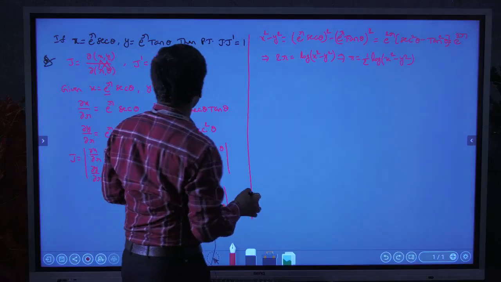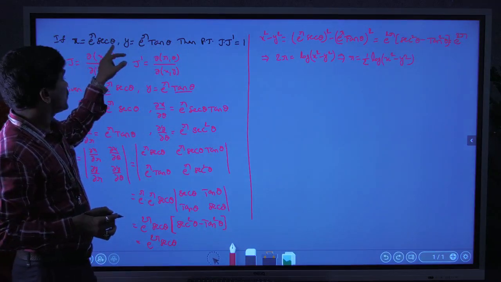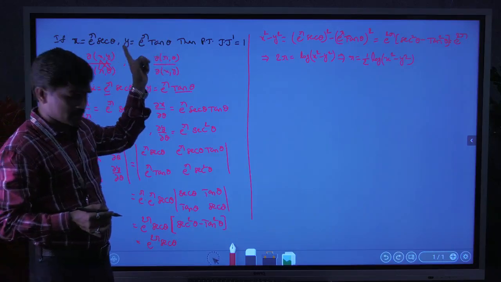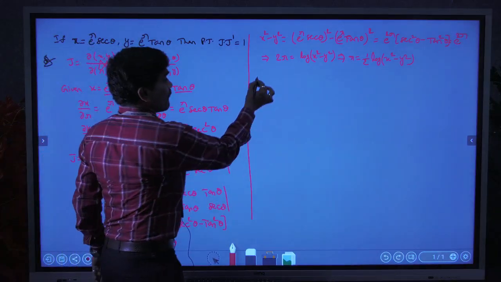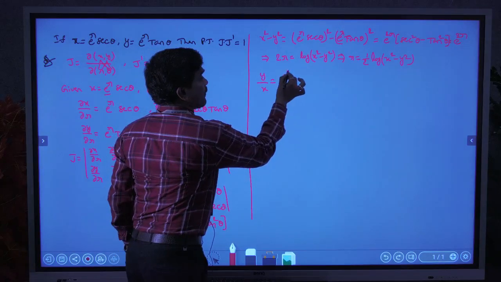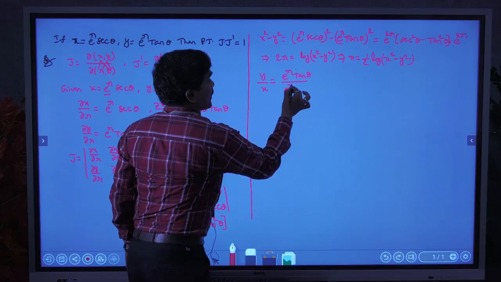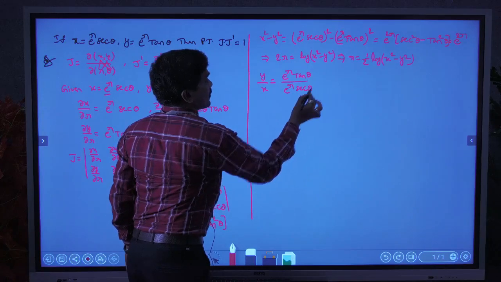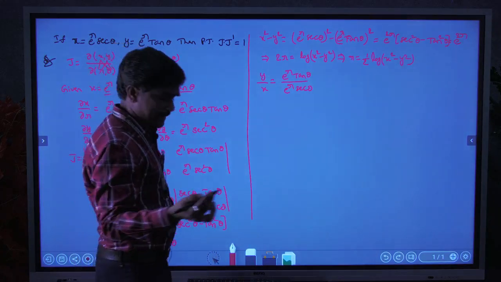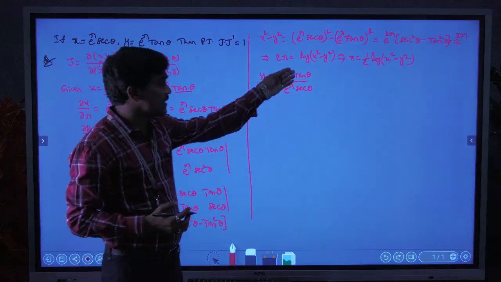Next, to get the theta value, here x is e^r sec θ, y is e^r tan θ. Then dividing these two, y by x. Actually, what is y? e^r tan θ by e^r sec θ, right? So e^r cancels. So tan θ by sec θ. Tan θ is sin by cos.